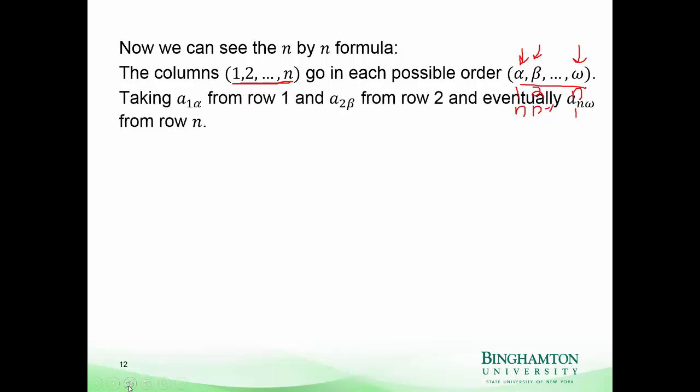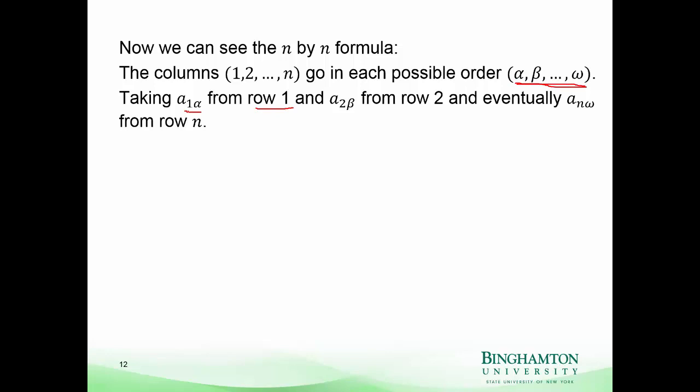And so here's what we do. Let me clear some of that ink off there. From row 1, we're going to take A1 alpha. So we've got an order here. Now we're going to go through the rows in order and the columns in each of these possible orders.